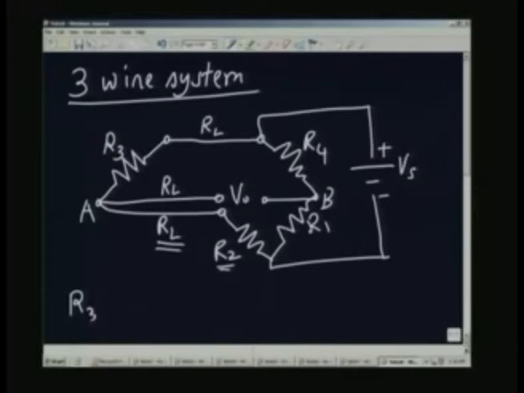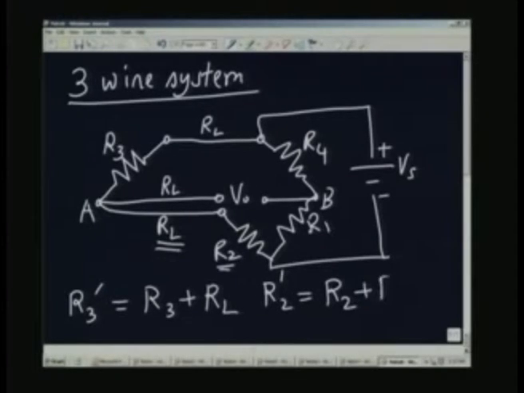R3 must be replaced by R3 prime equal to R3 plus RL in the expression which we used earlier. I am going to replace R2 prime equal to R2 plus RL, and let us look at the expression which we had earlier. So, the expression for V0 by Vs, which I wrote down earlier, will have to be modified.